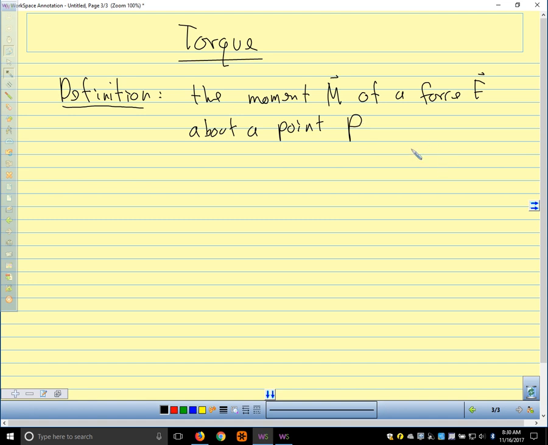And remember that a moment is a quantity weighted by its distance from some axis.